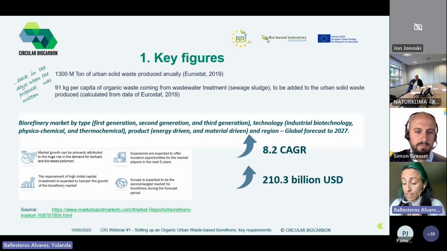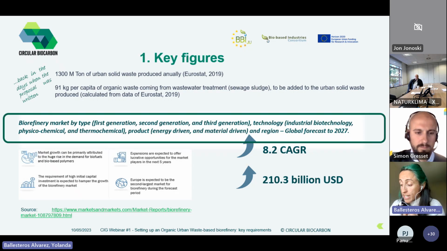And in the same way, different studies highlight the great potential of biorefineries. The study we have in the slide, which is an American study, remarks that the global biorefinery market is expected to reach $210.3 billion United States dollars by 2027 at a compound annual growth rate of 8.2%, with clients being members of the biofuel, animal feed, material and chemical sectors, and then users belonging to the fields of automotive, food and beverage, electricity generation, chemicals, and agriculture.